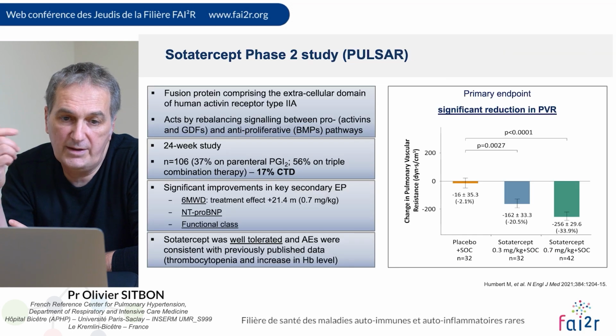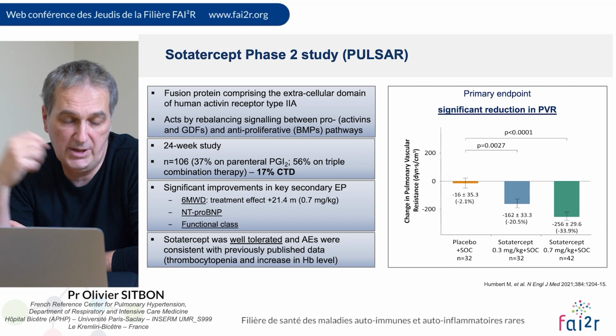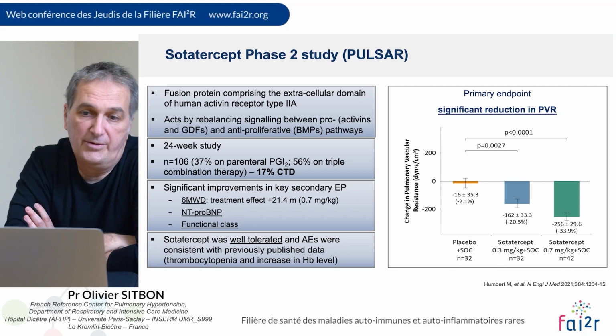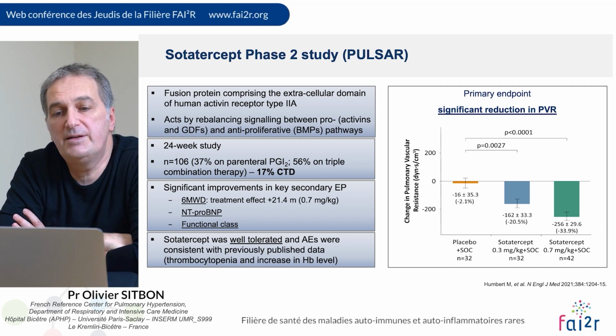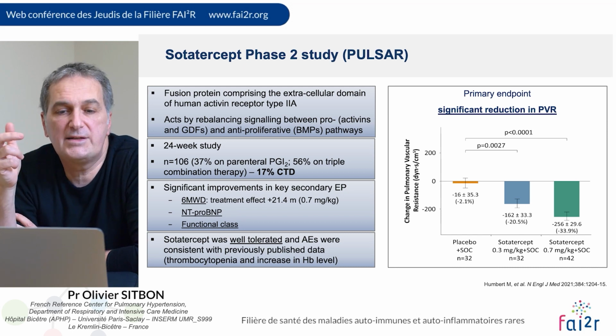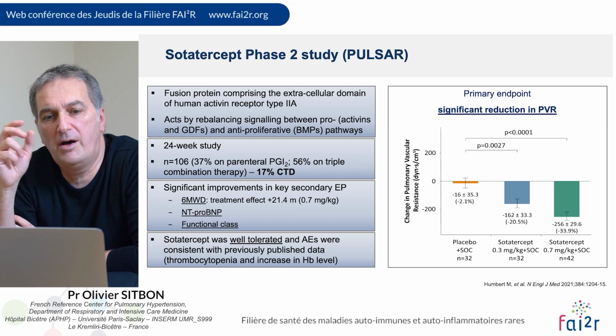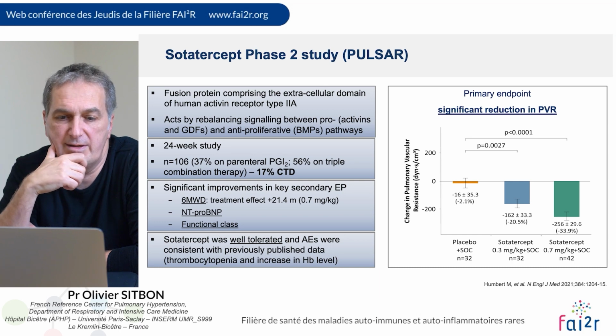And now we have the data from the sotatercept study, the PULSAR study, which was a phase 2 study. Sotatercept is an interesting treatment. It acts by rebalancing the signaling between the pro- and the anti-proliferative pathways.